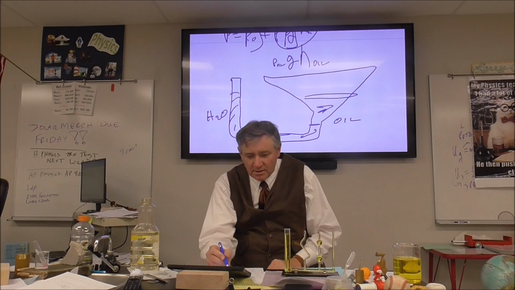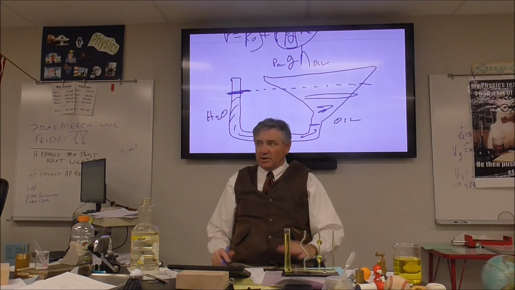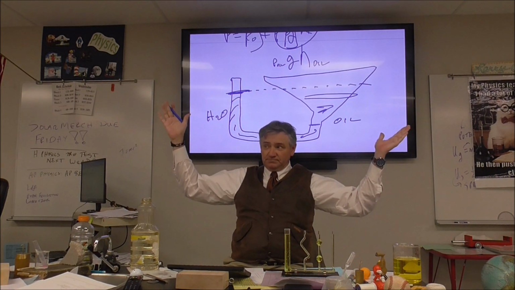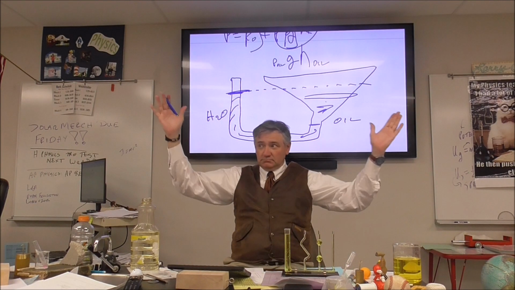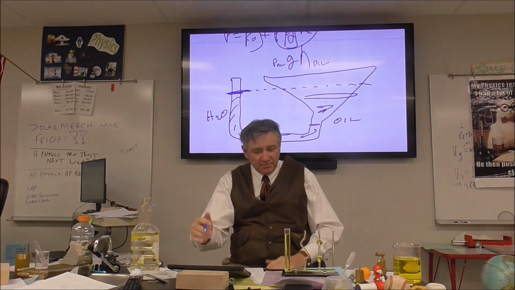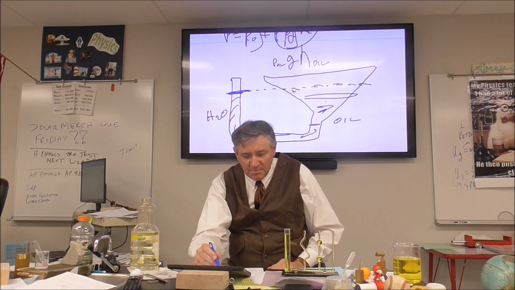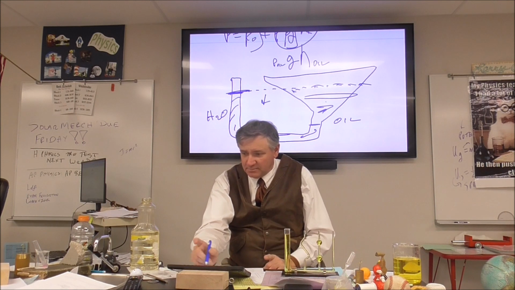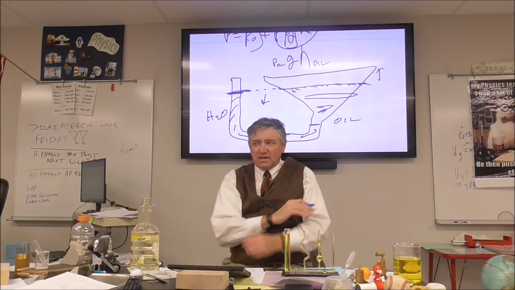This is the depth of my water. Big funnel, big surface area. So is the height of this oil going to be less than the height of the water, still above it, or exactly the same?